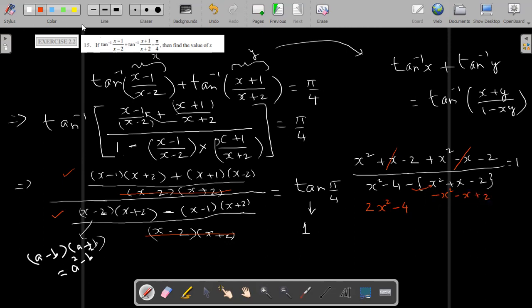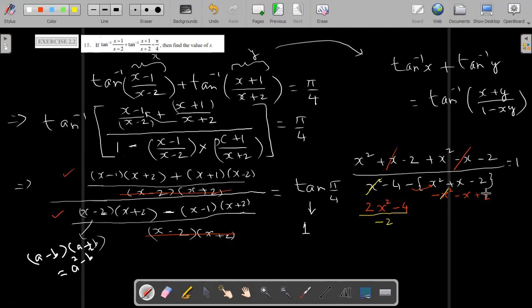And this minus x square will cancel with this x square. And minus 4 plus 2 will be left. So minus 4 plus 2 will be equal to minus 2. So minus 2 will be left.